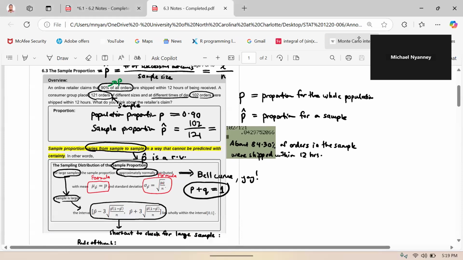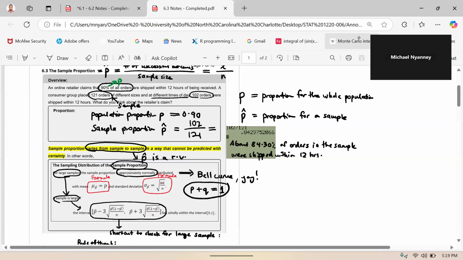All right, so there's an example here, which is an overview. An online retailer claims that 90% of all orders, this is our population, so this is the proportion, 0.9, are shipped within 12 hours of being received. A customer group places 122 orders, so this is the sample size that we are picking, of different sizes at different times of day.